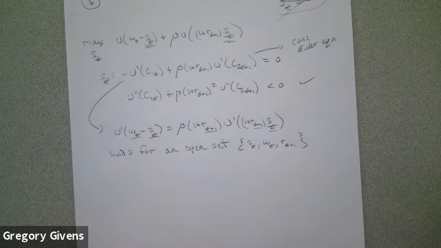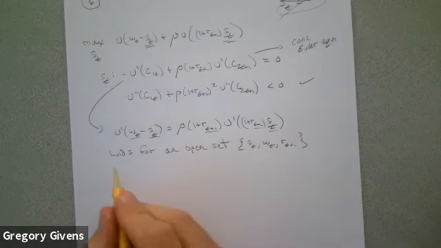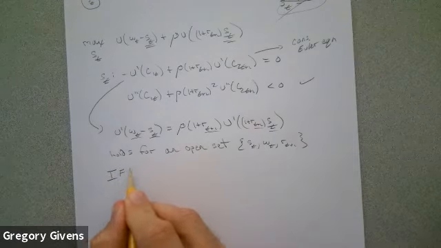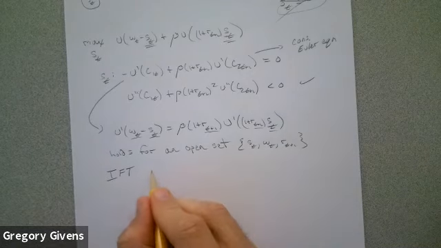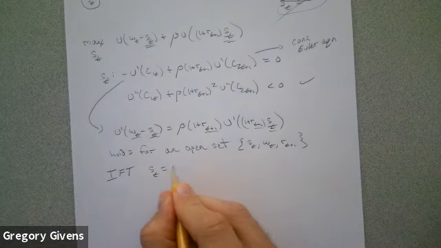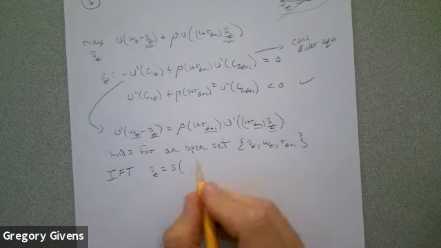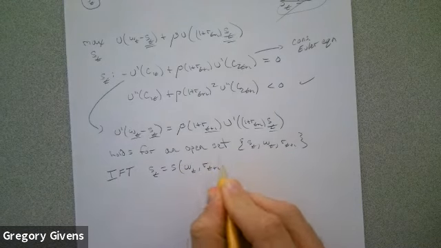Well, that's awesome, right? Because by the implicit function theorem, we know that ST can be written as a function of the two factor payments, WT and RT plus 1.